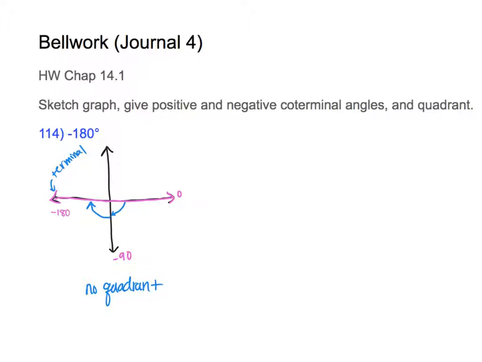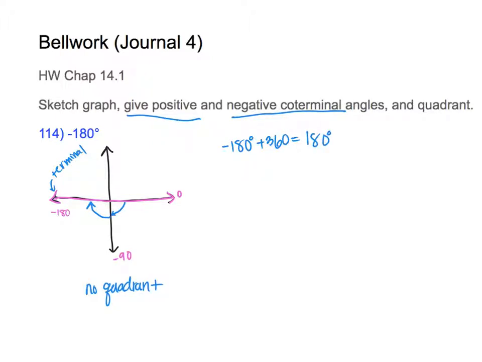All right, now for the positive and negative coterminal angles, remember, if you want a positive coterminal angle, you generally have to add 360 to it until it becomes a positive number. So a number like negative 180, if I add 360 to it, I'm going to get 180.